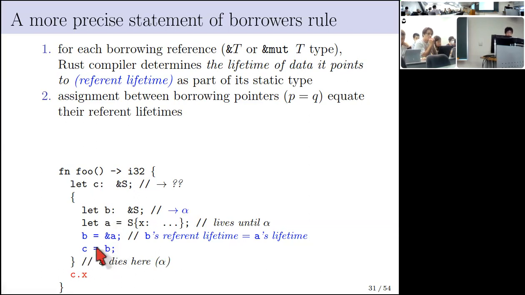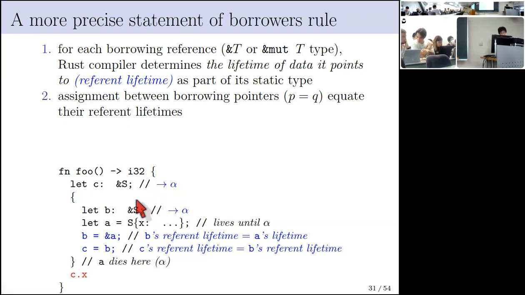And the compiler sees another assignment, C = B. Again, the compiler thinks C's reference lifetime should be equal to B's reference lifetime, so C's lifetime also becomes alpha.